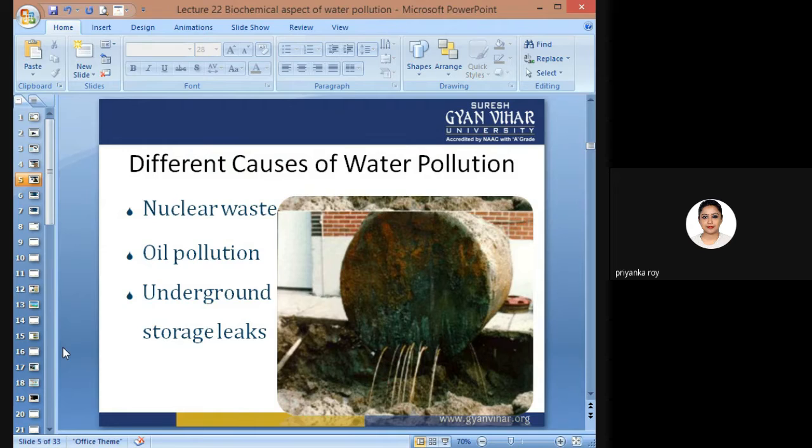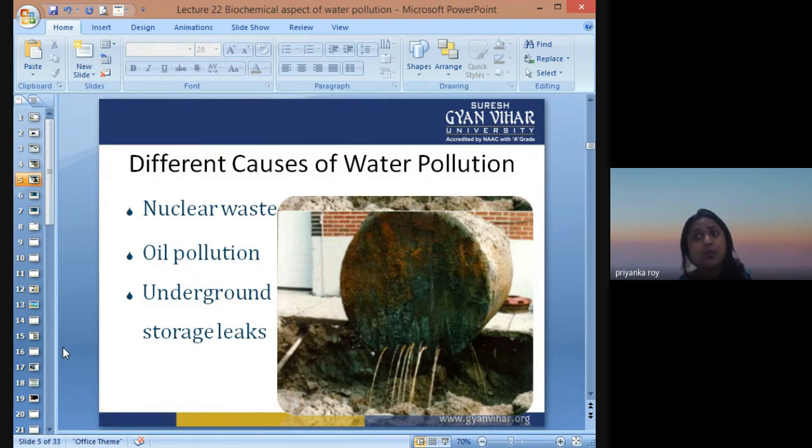Okay, so when the temperature of the water rises, it affects the aquatic life forms there. So that's why we need to take care that nuclear waste and water which has been used in nuclear power stations are not dumped and disposed into water without treating.